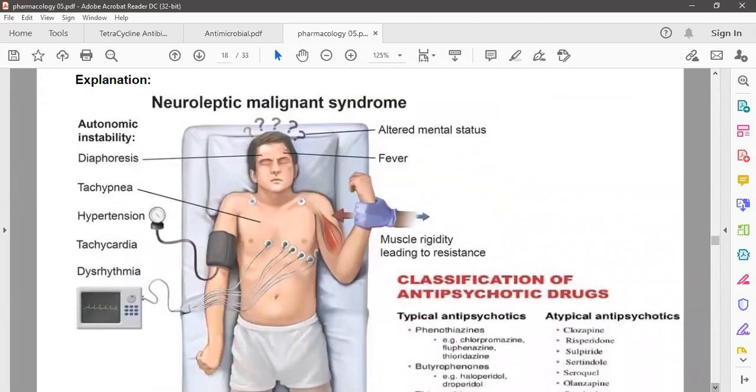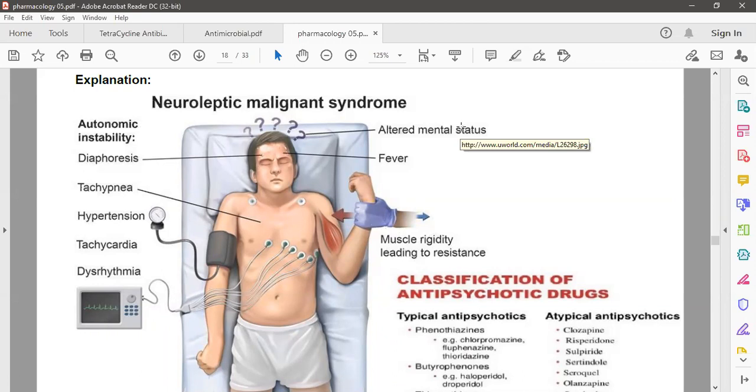In this picture we can see the other effects of neuroleptic malignant syndrome, like diaphoresis, excessive sweating, tachypnea, blood pressure going up, hypertension, tachycardia, and dysrhythmia. Also muscle rigidity, fever, altered mental status, and decreased level of consciousness.